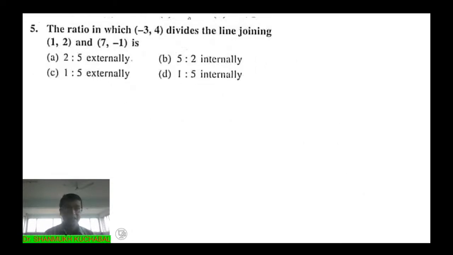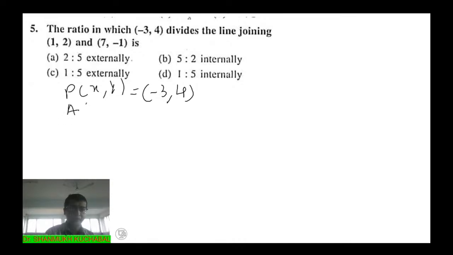Next example: the ratio in which (-3, 4) divides the line joining (1, 2) and (7, -1) is. Here we'll define the first point P, x y, it is (-3, 4).